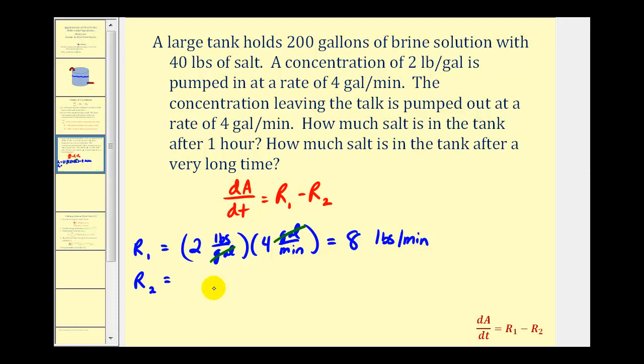Now R sub 2 is going to be a little bit trickier. We're going to have to write an expression for the concentration because it's changing as the mixing occurs. Notice how we start off with 40 pounds of salt per 200 gallons, but the 40 is changing, so we can't use that for our concentration. We have to use an expression, so we'll use A, where A is the unknown, divided by 200, and this would be pounds per gallon.